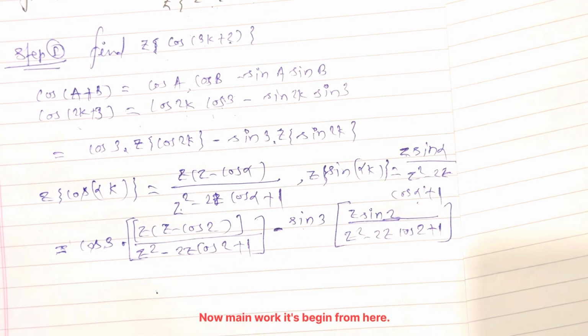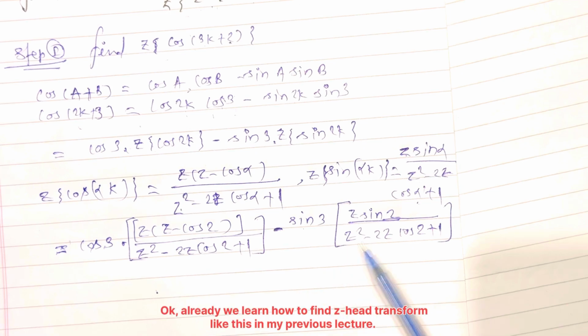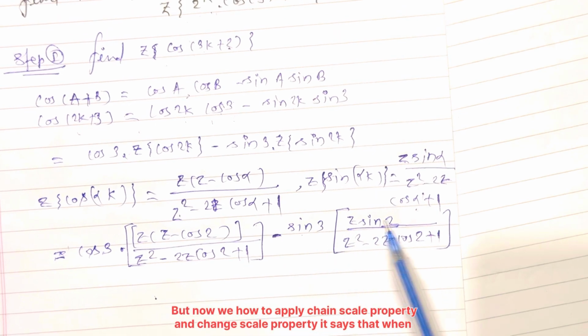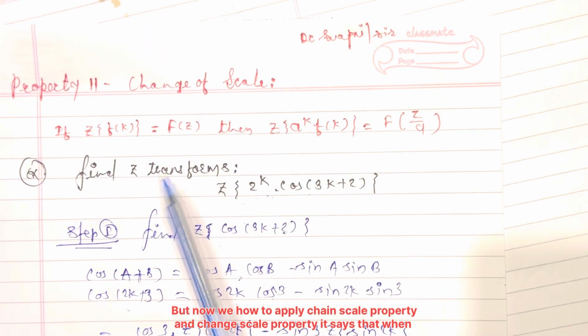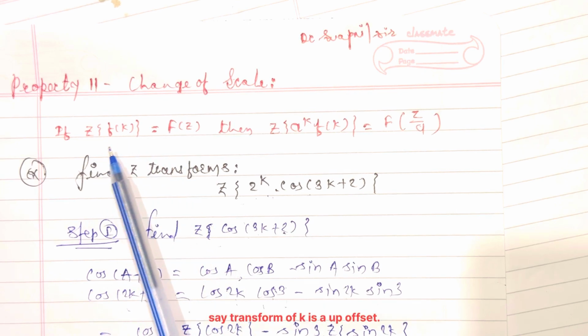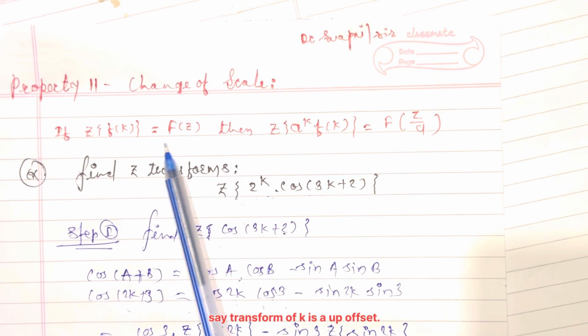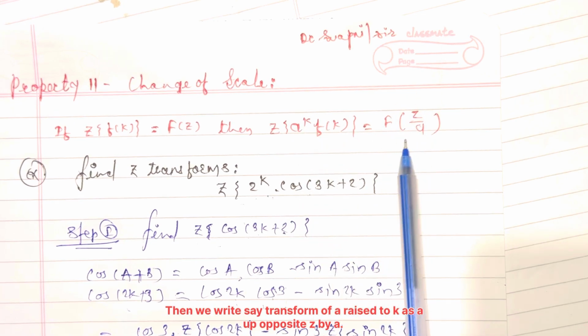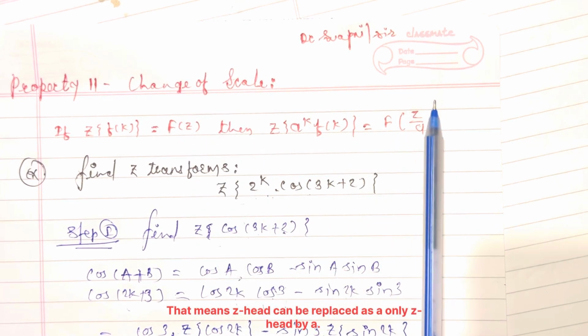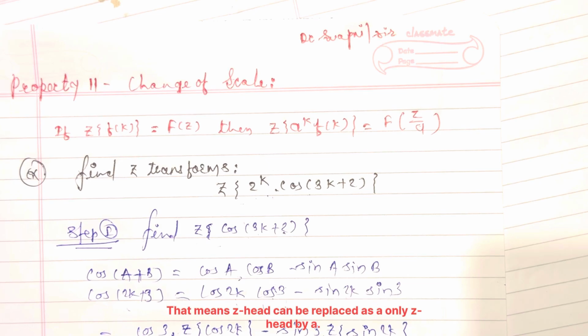Now the main work begins from here. We already learned how to find the z transform like this in my previous lecture, but now we have to apply the change of scale property. It says that when the z transform of f of k is F of z, then the z transform of a raised to k f of k is F of z by a. That means z can be replaced by z by a.